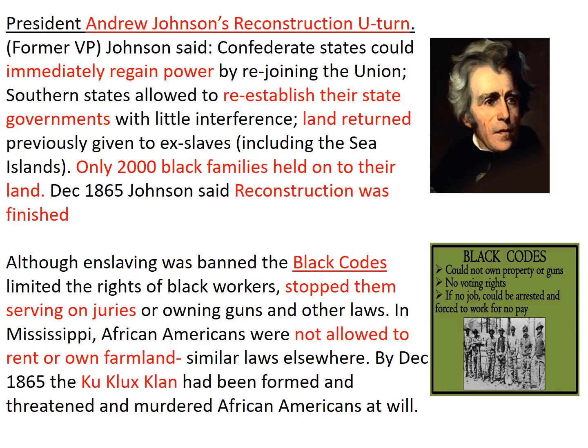And then, in December of that year, Reconstruction is declared finished. On top of that, although enslaving is banned, so we can't go back to slaving, we get these black codes limiting the rights of the black workers, stopping them from serving on juries. We get African Americans not allowed to rent or own their own farmland, and the Ku Klux Klan is formed.